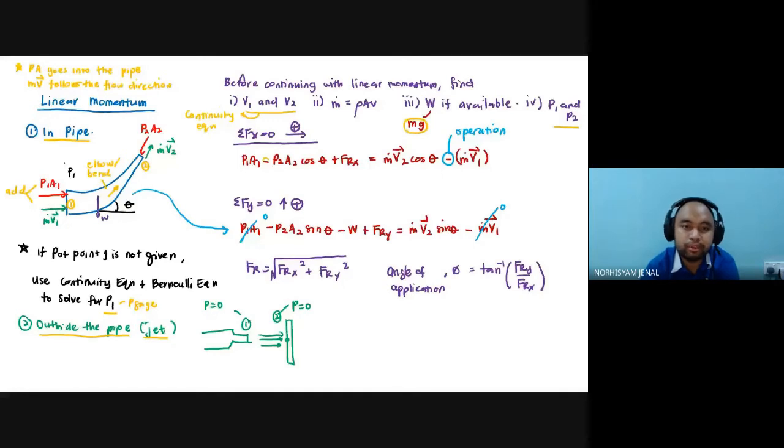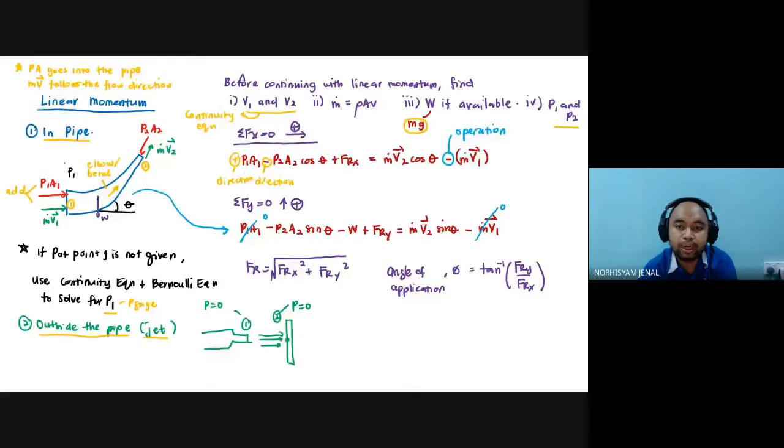Then check P2A2 is going to the left, so the direction is minus P2A2 cos theta because we have an angle here. Make sure to check the angle. Plus FRX. This one is fixed. I say it to you fixed because I don't want you to change to minus FRX or whatever. Just stick with plus FRX.